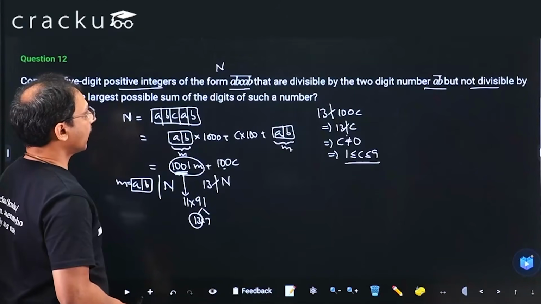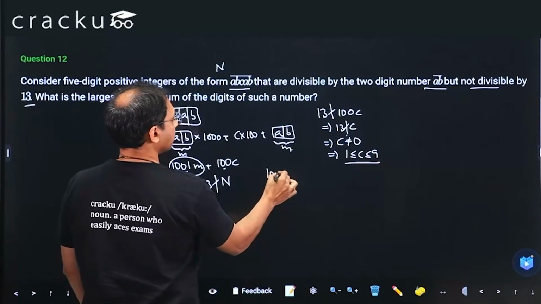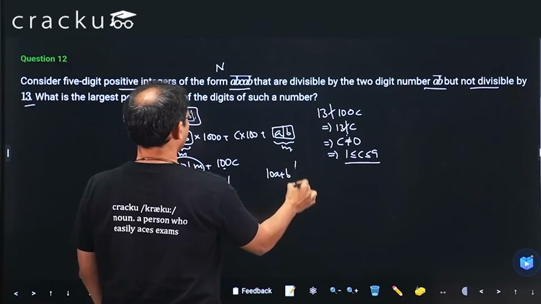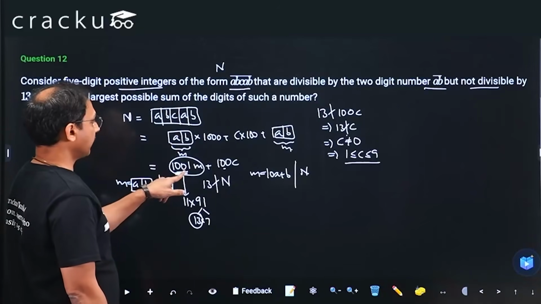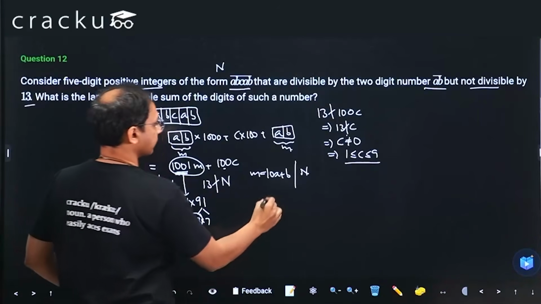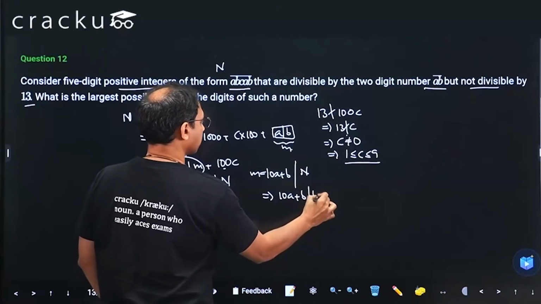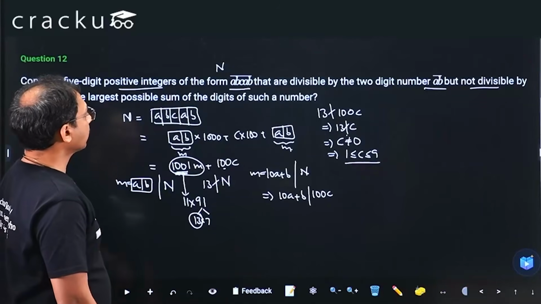Now let us go to the other condition. The 2-digit number AB divides N. Now M divides this, so M should divide 100C. Now what do we want? We want the sum of the digits.